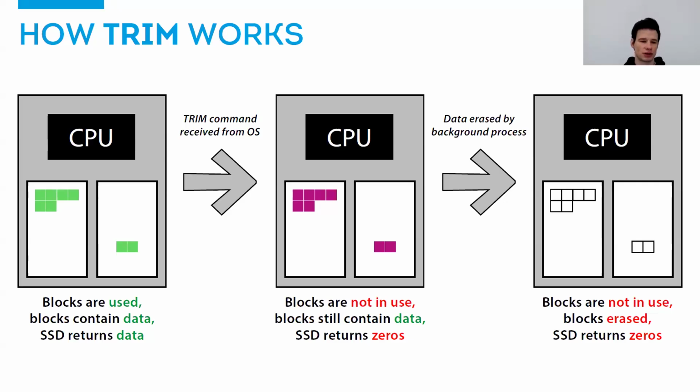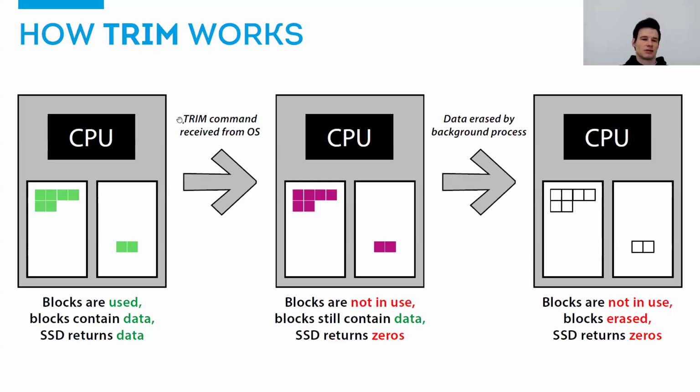So how does trim work? We have the media storage device, and blocks with data are being used. Blocks contain the data, and the SSD or hard disk drive returns the data to the owner of the device if he asks for it.